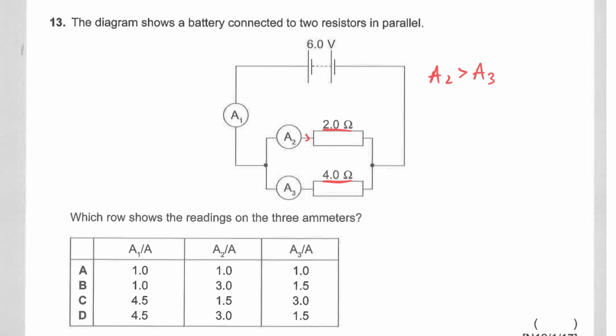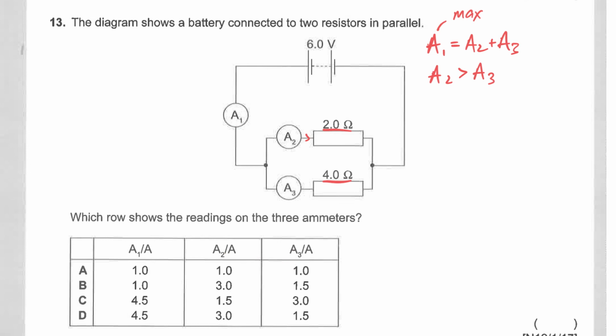And also, because you understand the river system, the main river A1 is equal to A2 plus A3, and A1 is the maximum. So if you understand this, let's take a look at this relationship. A2 plus A3 has to be equal to your A1.